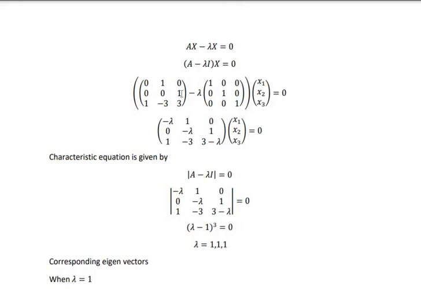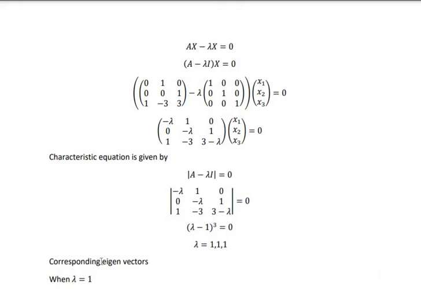You can substitute that A and I in this equation. So you will get minus lambda 1 0, 0 minus lambda 1, 1 minus 3 3 minus lambda, times x1, x2, x3, is equal to 0. Then the corresponding characteristic equation is the determinant of A minus lambda I is equal to 0. So you can find the determinant, and you will get lambda is equal to 1, 1, 1.